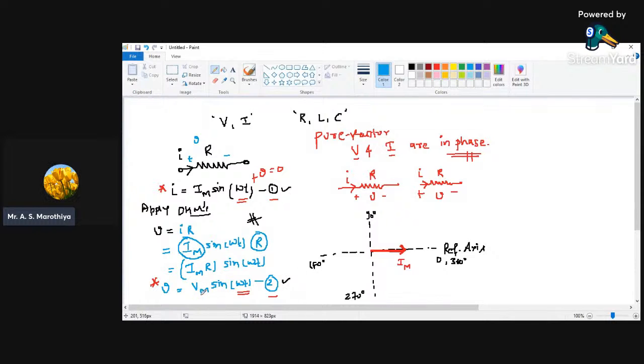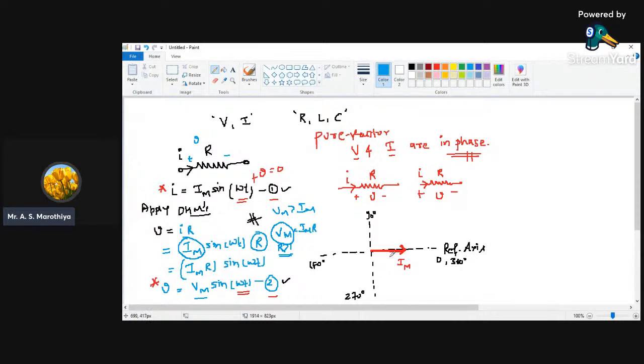Now see here, this is Vm, and from this equation Vm is going to be equal to what? Im into R. Now if you consider that the value of this R is more than 1, then in that case the value of this Vm is always more than Im. Now based on this particular concept, I'm going to draw this Vm. Now again from equation number 2, here we don't have any theta.